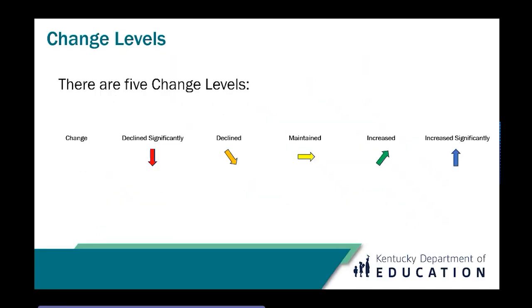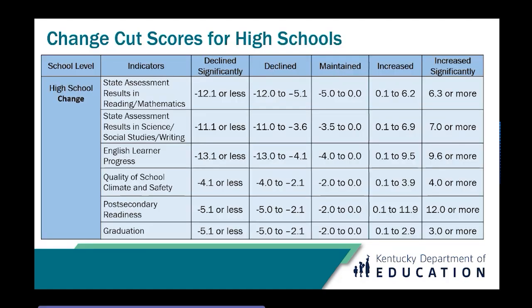There are 5 change levels ranging from declined significantly to increased significantly. These are the change cut score ranges for high school. The graduation rate indicator appears at the bottom of this table. Like the cuts for status, the change cut scores were established in 2023 through a standard setting process and have not changed.